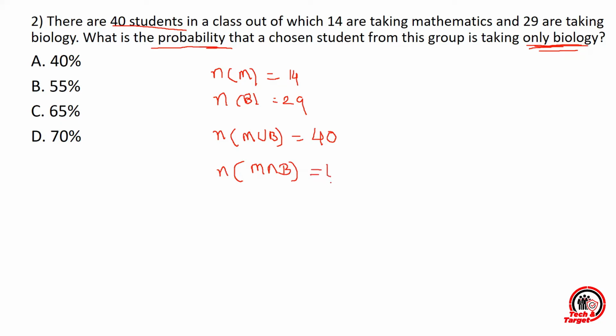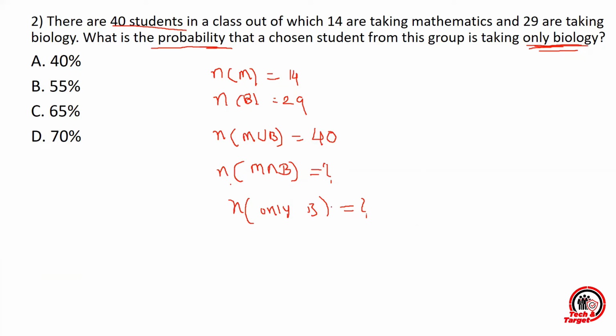From this answer, we'll be able to find the number of people taking only biology, not mathematics. We will denote that as number of people only biology is equal to question mark. This is what we have to find out, and then we have to find the probability.